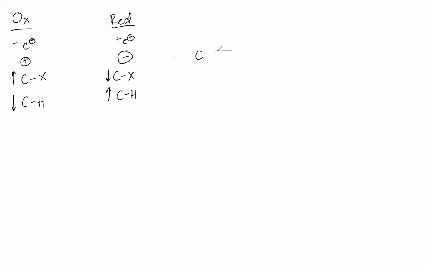So let's start with two different carbons, and let's say that they're transforming into each other. We have this carbon over here, carbon A, and this carbon over here, carbon B. Let's say that carbon A has an OH and carbon B has a hydrogen. So let's pause here. Oxygen is more electronegative than carbon. We all know this.